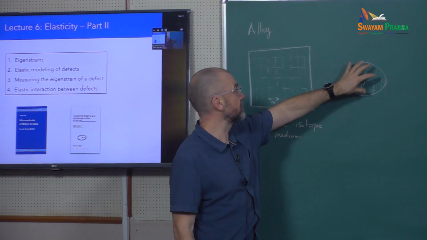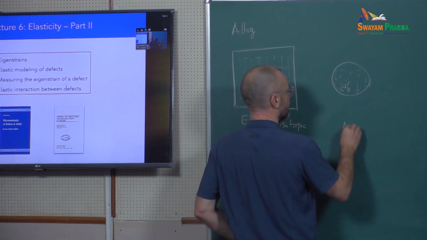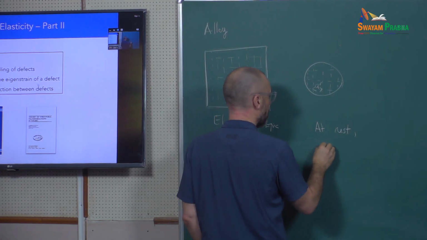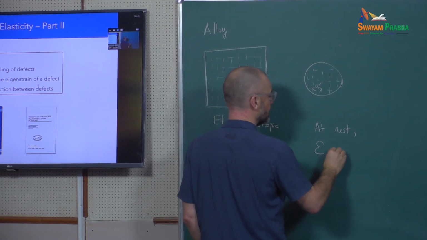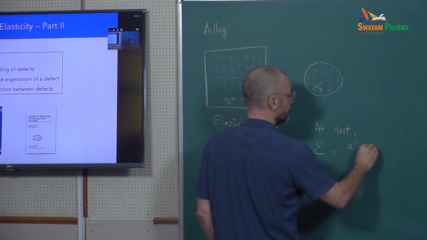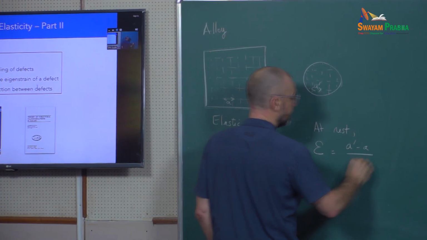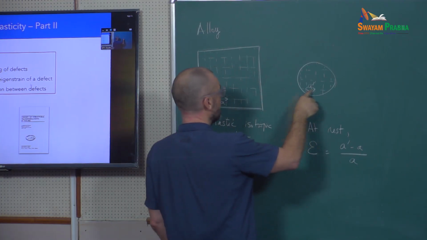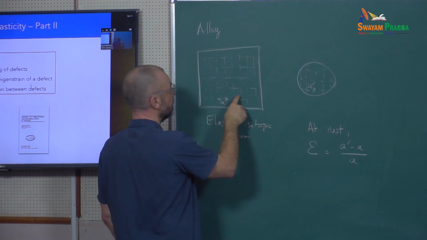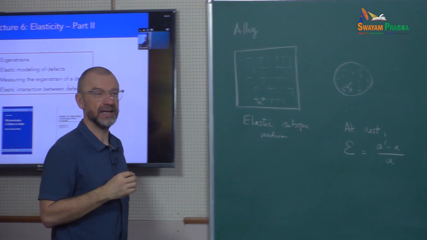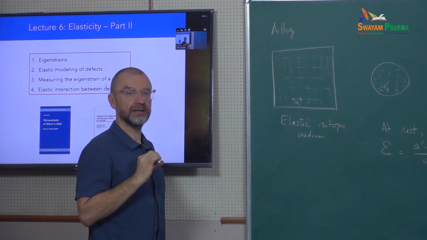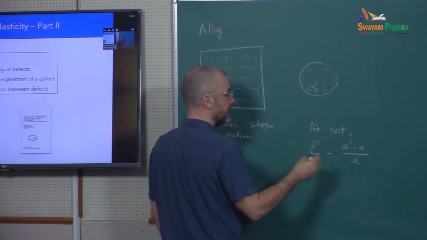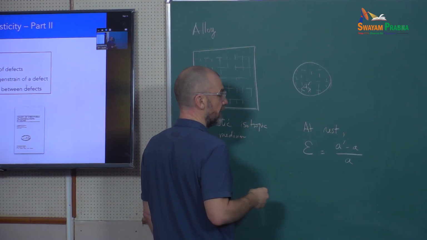So it means that here at rest, the system wants to have a deformation which will be A prime minus A divided by A. So again, it's the relative displacement. I go from A prime to A and I divide by the reference lattice parameter, which is A. Do you see what I mean? And we've seen yesterday that deformations are tensors.